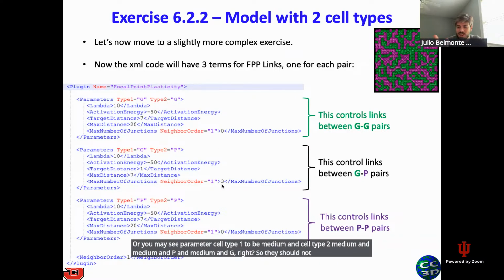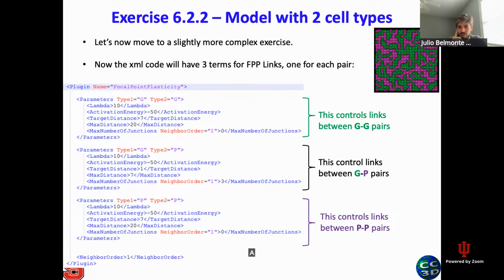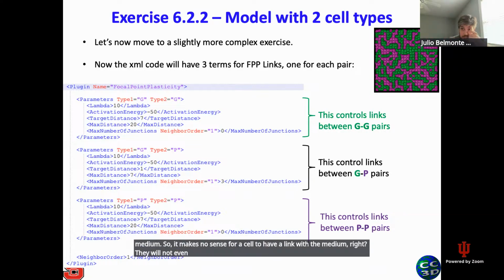They should not have been created. That's a bug that was unfortunately introduced in 4.9. So I'll ask you to also delete all parameter tags with medium. It makes no sense for a cell to have an FPP link with the medium; they will not even work. So if you see any medium here, you can just delete the whole thing.